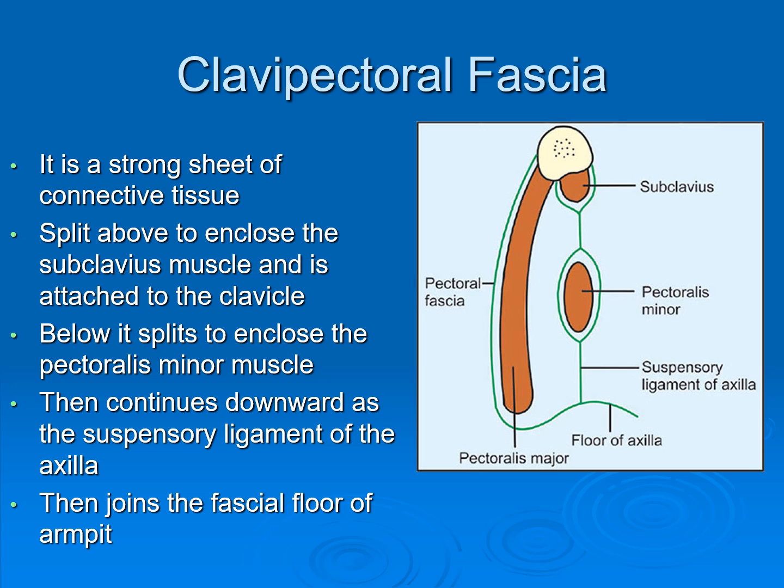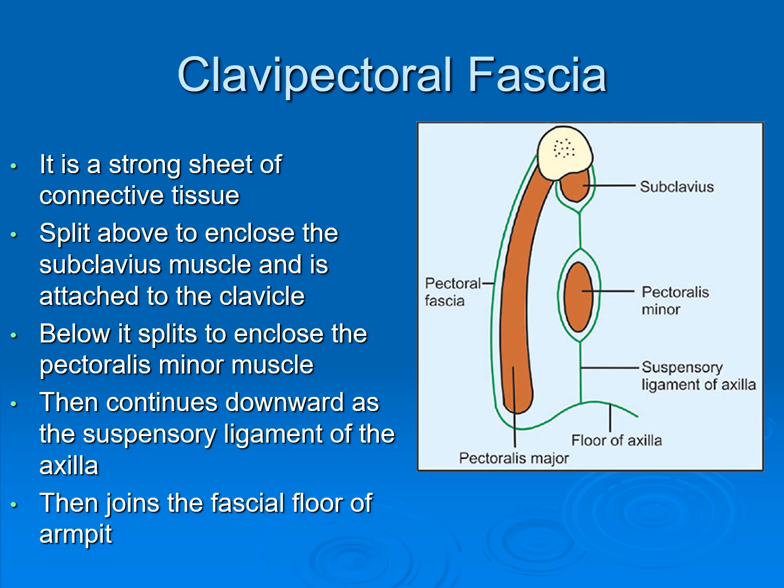From the word clavipectoral fascia, it is a fascia that originates from the clavicle and extends throughout other parts of the pectoral region. So basically, it is called the pectoral fascia, and you're going to see it touch on the clavicle, and then just below the clavicle you have the subclavius muscle, and that same fascia continues to cover it as the fascia of this particular muscle, and then also extends to the pectoralis minor, which lies posterior to the pectoralis major muscle.